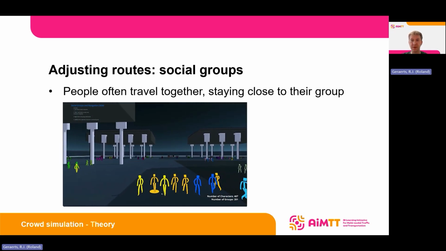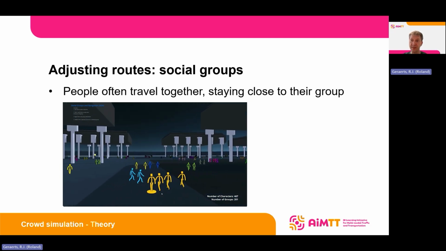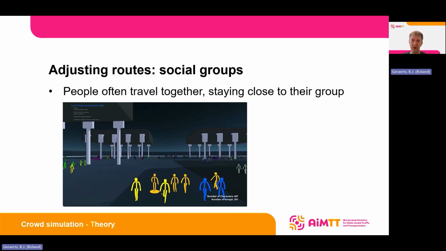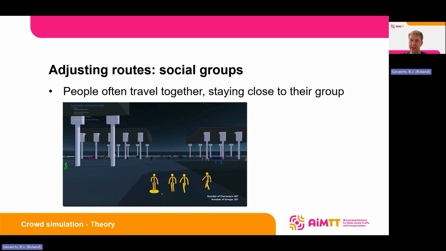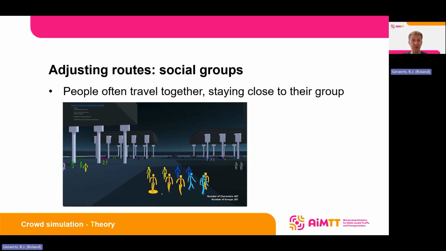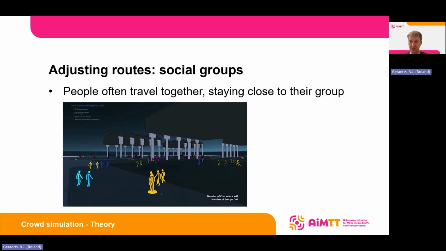For example, other pedestrians, obstacles, or bottlenecks may split group members apart. When this happens, the model changes the group behavior. Instead of focusing solely on reaching the destination, separated members actively attempt to reunite with the rest of the group. Once the group has reassembled, it resumes moving as a coordinated unit towards its goal.